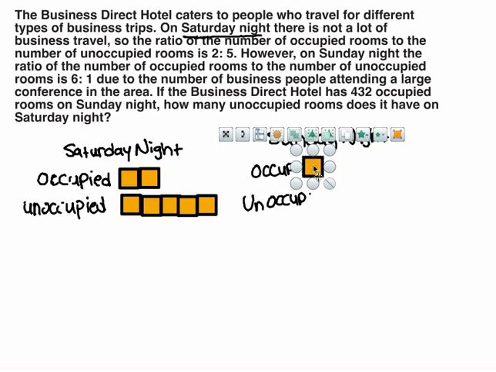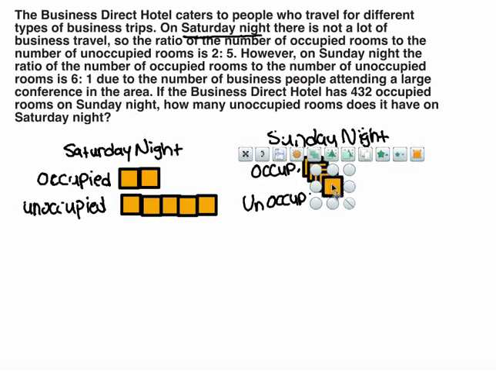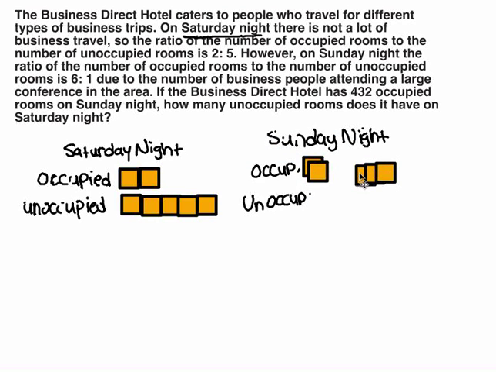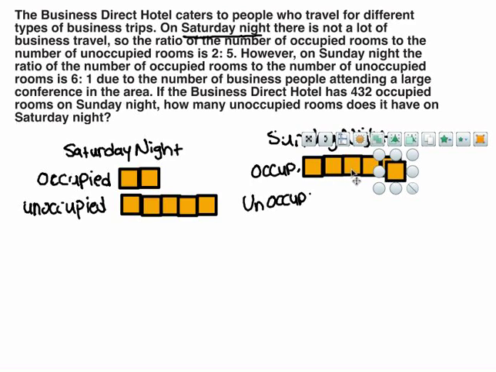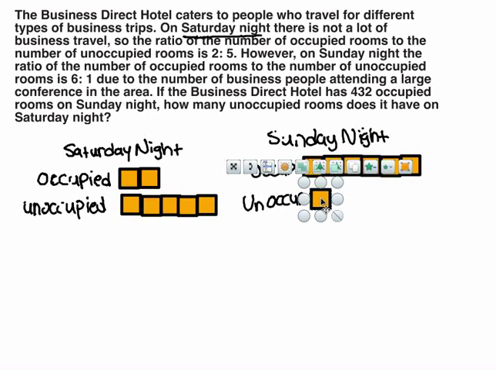So now it's almost completely reversed, but there's a note I want to make about how many blocks are in each part and why using this model or a table will work. 1, 2, 3, 4, 5, 6. 6 to 1.